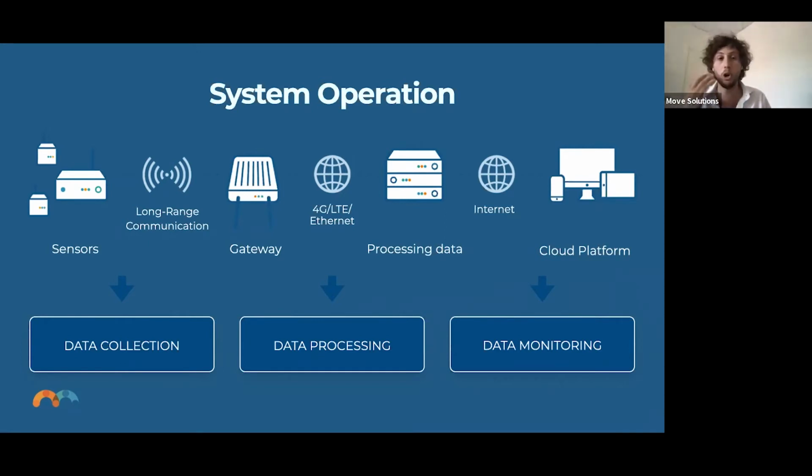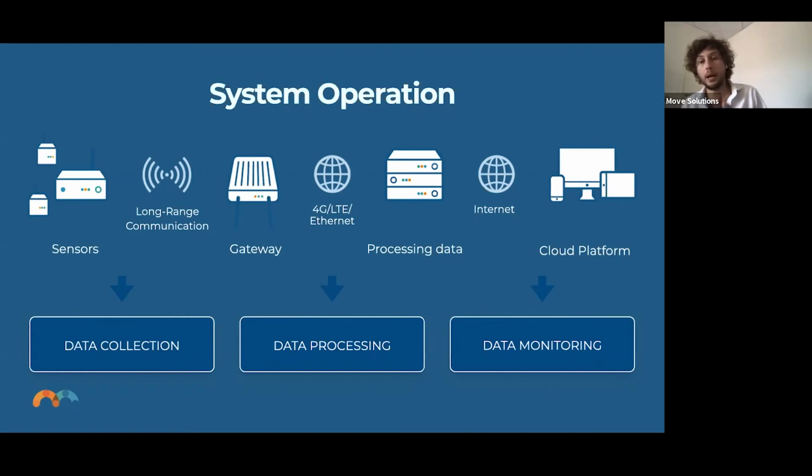They communicate over LoRaWAN, which is an IoT protocol, probably one of the most used IoT protocols in the market right now. Then the gateway has LTE 4G or PoE, so an Ethernet connection, for example, Power over Ethernet. That's what it means. They communicate the data to a processing cloud server.